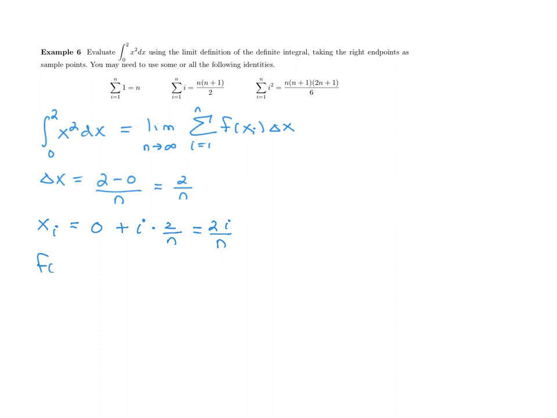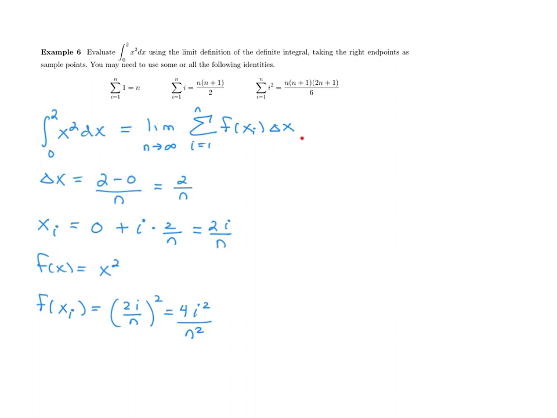Now our function f of x is equal to x squared, and we want f of x sub I. So I'm going to put x sub I, this thing, here and here, and that means f of x sub I is equal to 2I over n squared. That's 4I squared over n squared.